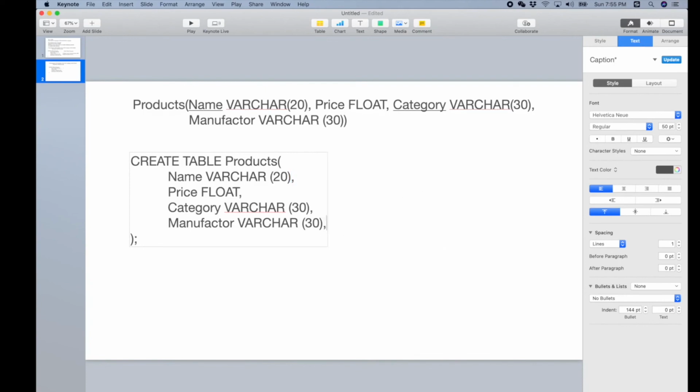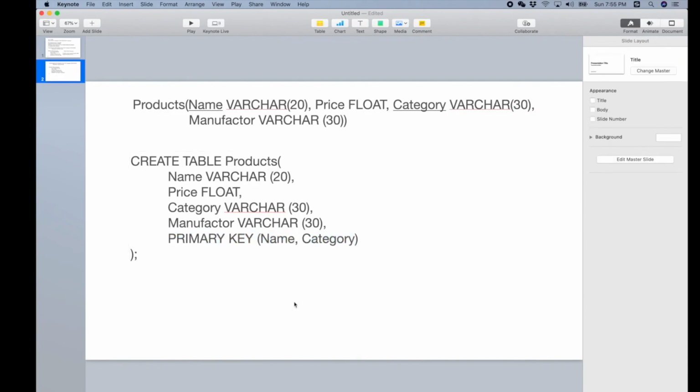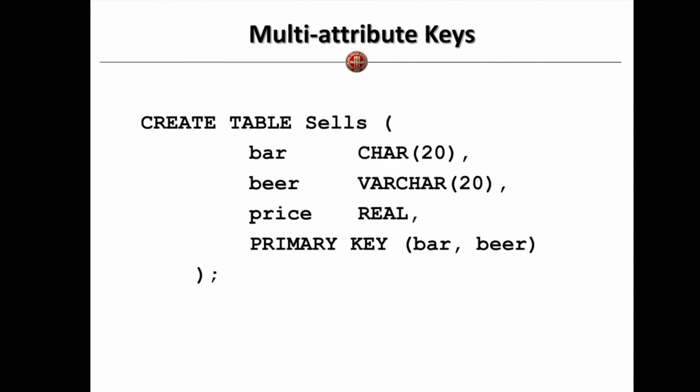We can add a comma here, add one more line, primary key, parentheses, we have name and category. In this way, we are creating a table of products with 4 attributes. Its primary key is name with category. Combine them together will be the new key for the products table, right? Okay, so this is about the keys.